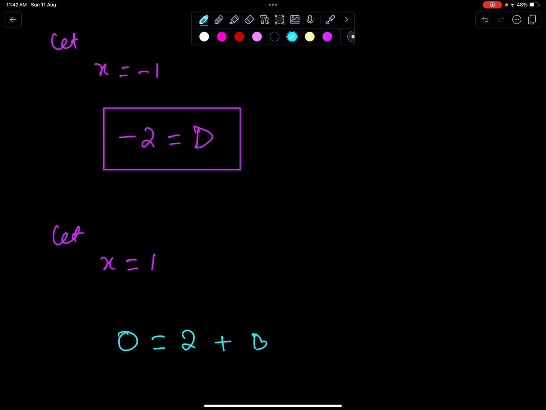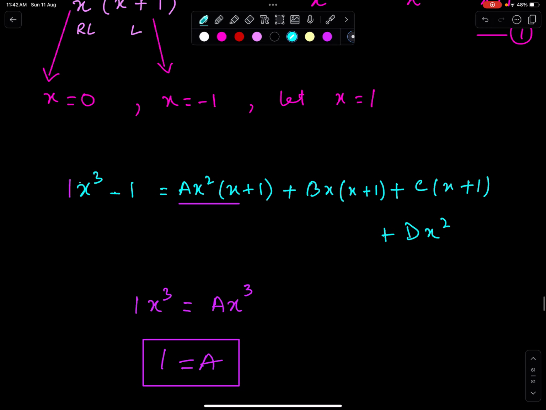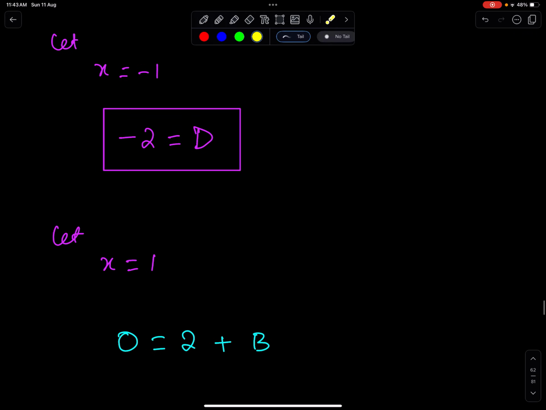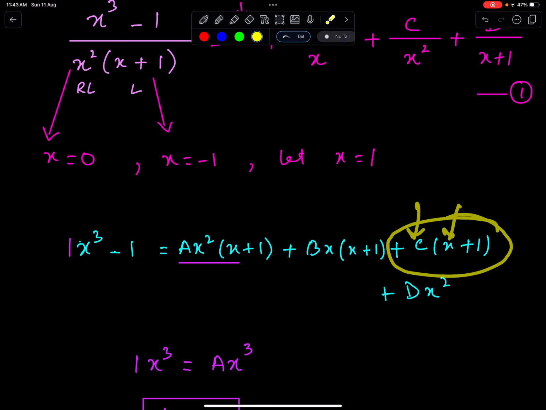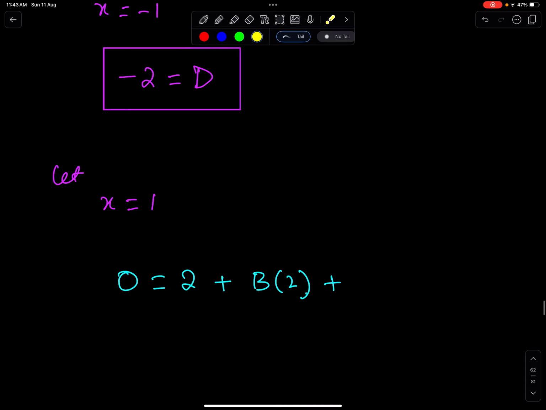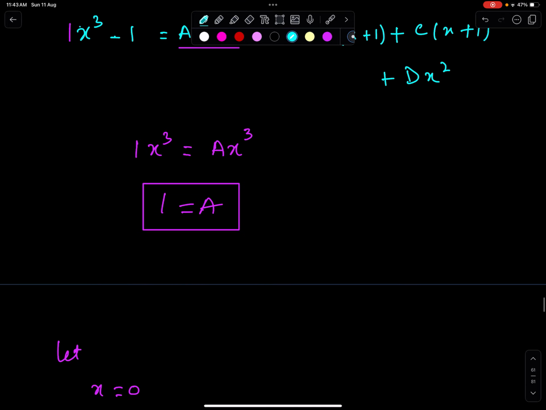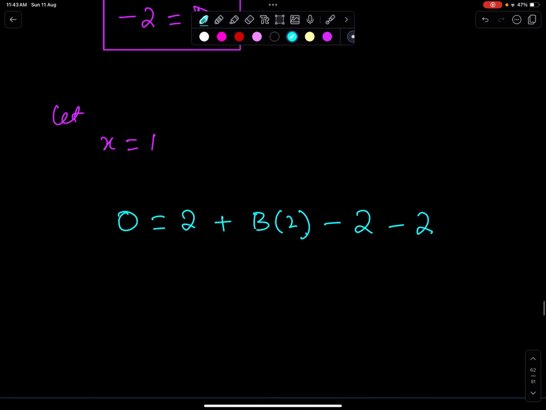Then copy b, and when we will put 1 here and here, we'll get 2, so 2b, b times 2 or 2b. c is -1, and when we'll put -1 here and 1 here, we'll get -2. d is -2, and the value of x is 1.